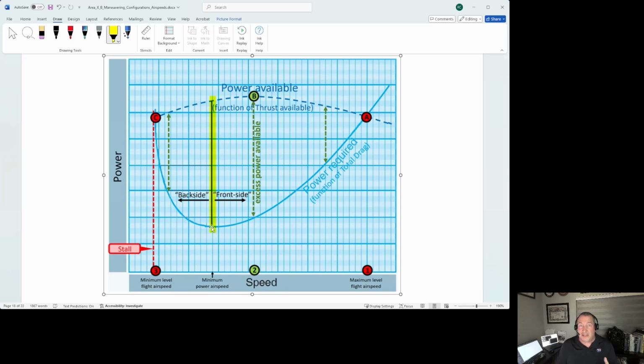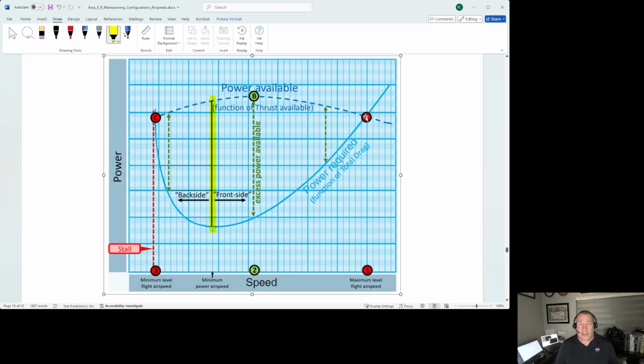We're talking 65, 68 knots maybe, clean in a lot of general aviation airplanes. We're cruising along and we decide we want to go faster. We're going to have to add some power, right? As we want to go faster, there's more power required.